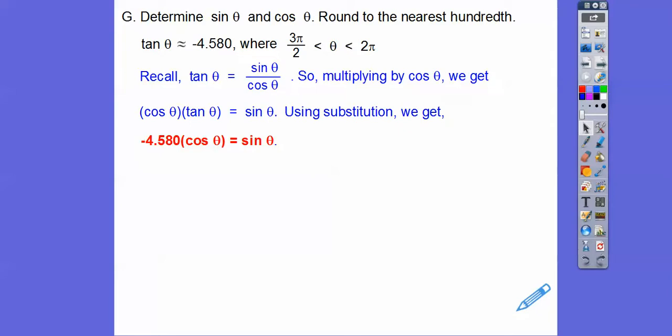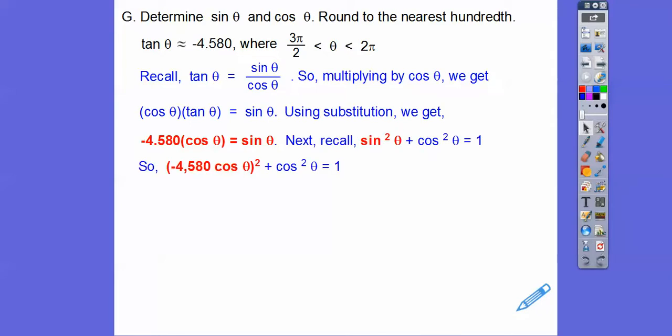Now we're going to substitute that in for sine squared plus cosine squared equals 1. Remember, sine squared plus cosine squared equals 1. And the reason why this is in red is I substituted this in for this right here. So let's square negative 4.580.